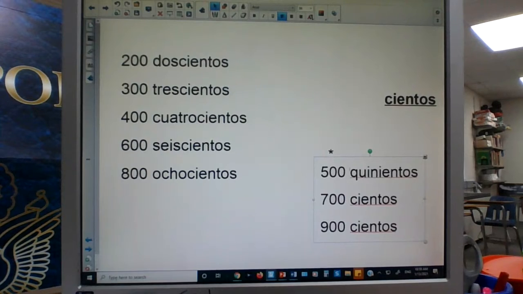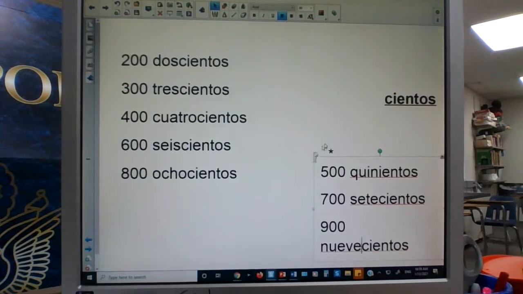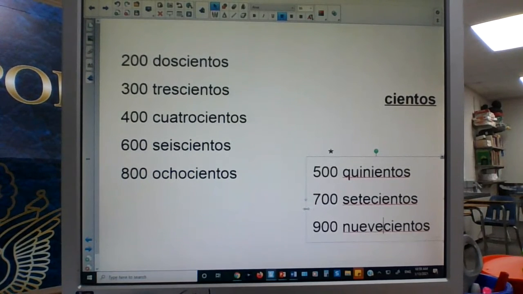All right, now, let's see. 7 is instead of saying siete, which should be the right way, they get rid of this one. Setecientos. Quinientos, setecientos, and you think it would be nueve? Hold up, nueve, like 9, nuevecientos? No, they had to just change a few things. Why not make it more hard?